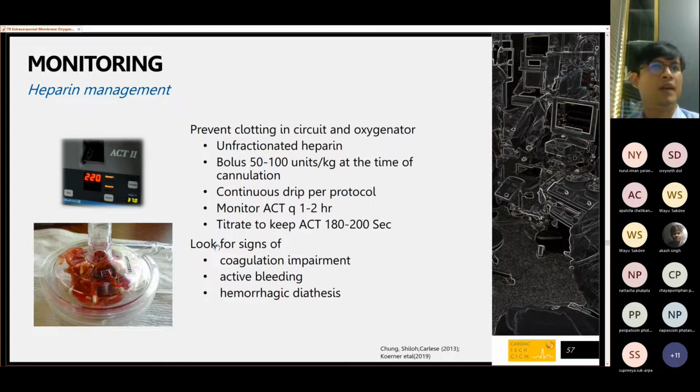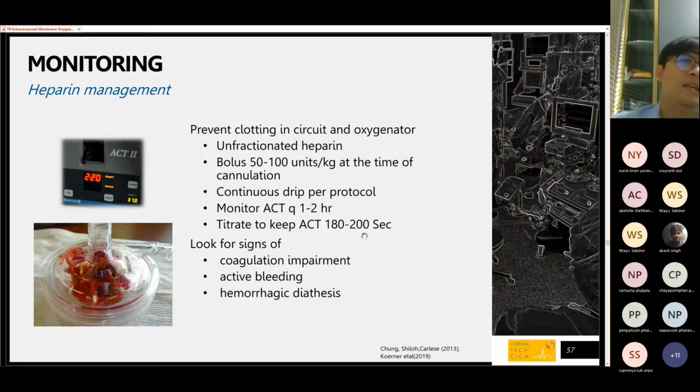It depends. In the early or initial step, we need to pay much more attention to the heparinization response, so we may need to monitor ACT more often. But for the days after that, we can measure every 2 hours, 4 hours. It depends on your hospital protocol.